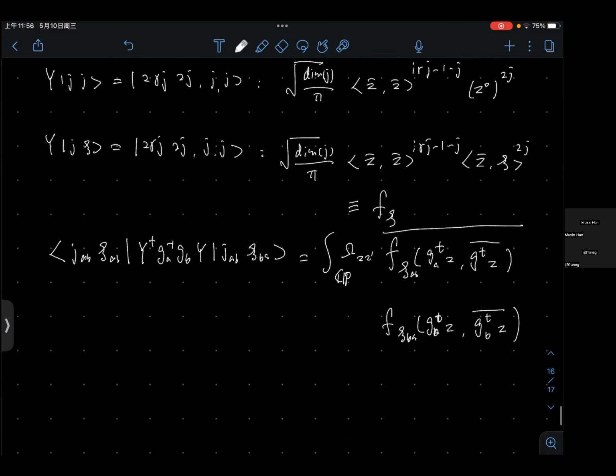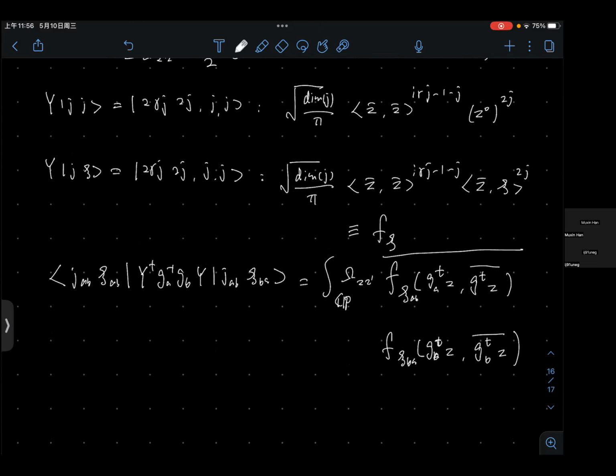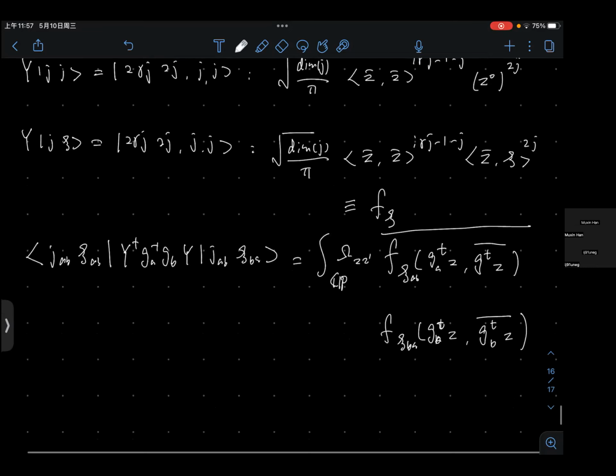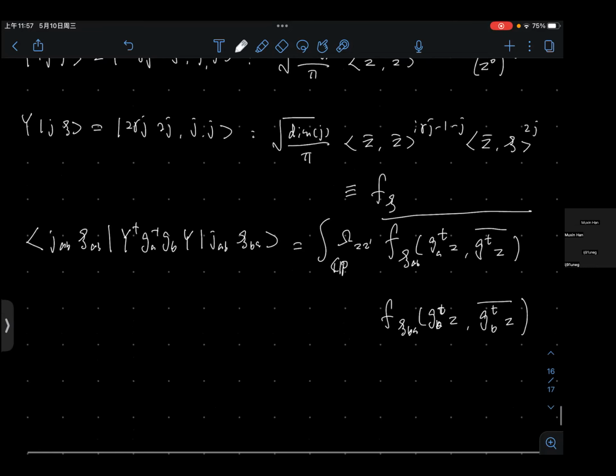Okay. Now we have the explicit expression for this homogeneous function f. Now we can just plug it back into the amplitude. Then the next step, you can just plug in the formula.